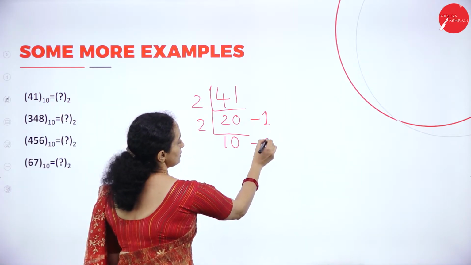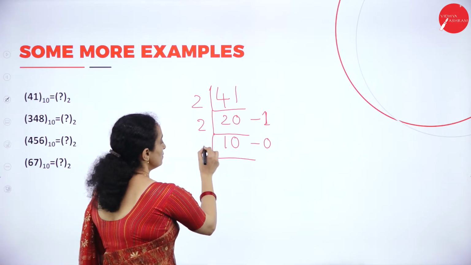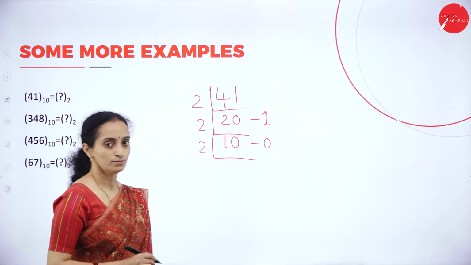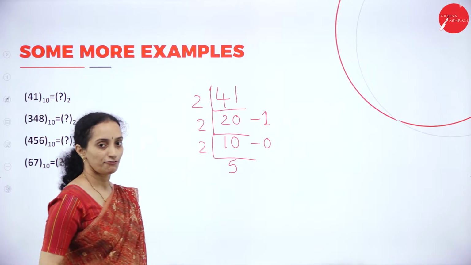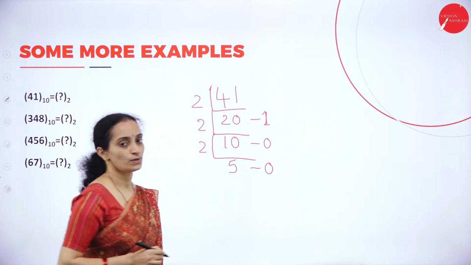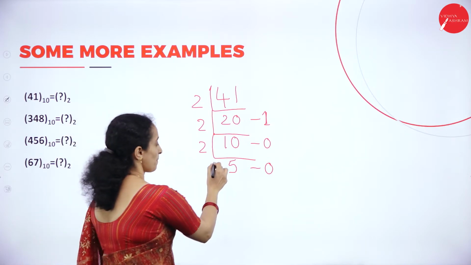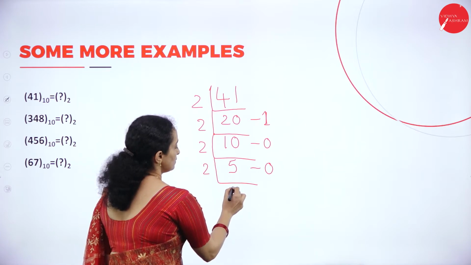The remainder is 0. Now we divide 10 by 2, 5 is the quotient, and 0 is the remainder. Now again go for further division.